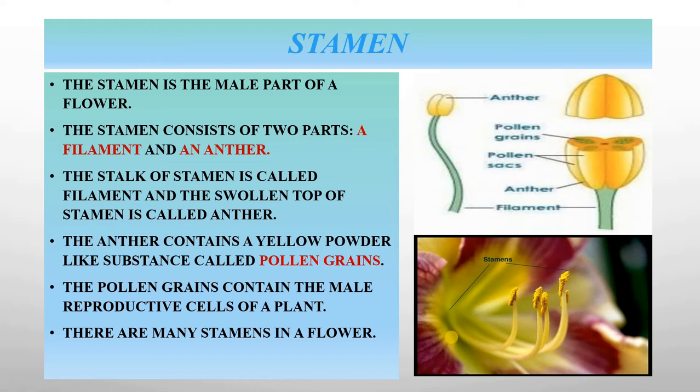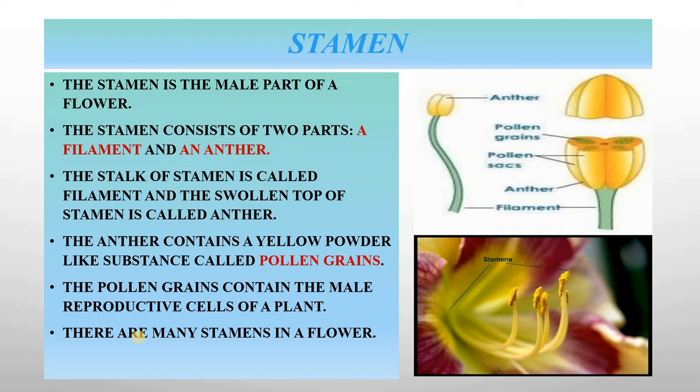Now, what is the function of anther? Anther makes the pollen grains and stores them. What is pollen grain? Pollen grain is the male gamete or male sex cell. Pollen grains are exposed when the anther ripens and splits. Pollen grain appears to us as a yellow powder-like substance.